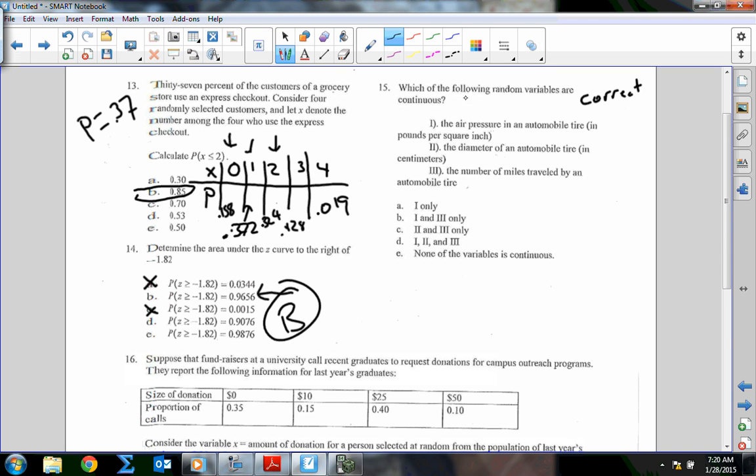When I read this, it says the air pressure, that's something I measure. That's continuous. The diameter of an automobile tire, that's something I get a ruler out and I measure it. So that would be continuous. Then it says the number of miles traveled by an automobile tire. If it's number, it's probably something I'm reading off an odometer.